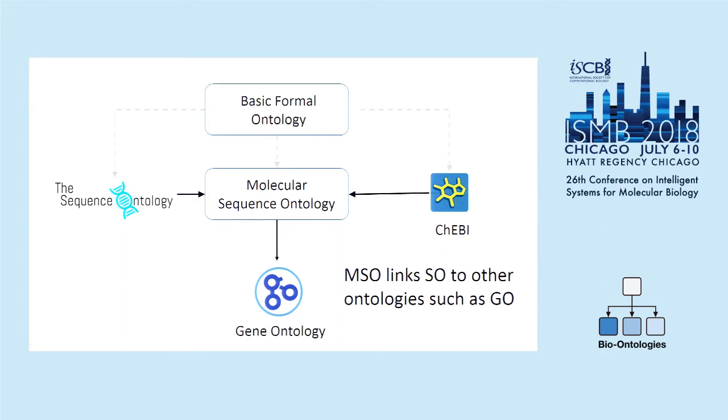Now we can relate an mRNA annotation in a database with a gene model to an actual mRNA chemical through the molecular sequence ontology, and it can now participate in cross products with the Gene Ontology and other ontologies, and they've all conformed to the basic worldview of the Basic Formal Ontology, which imposes a logical structure that allows cross products to be built with a lot more consistency and satisfiability.